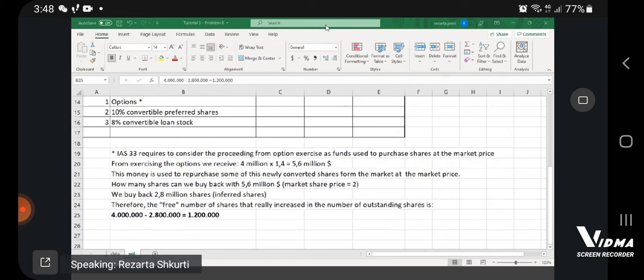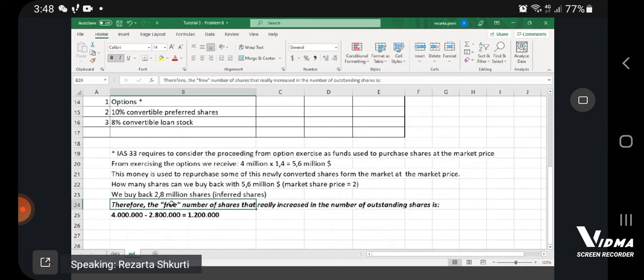Okay, so for something that we spent very little time on in the first lecture, I tried to explain in detail now. What IAS 33 requires is that we convert the options into shares, and that money we use to buy back some existing shares from the market at the market price, and the difference, the free number of shares, is what is left, and this is important to know.